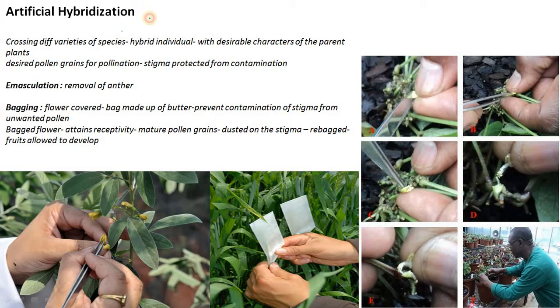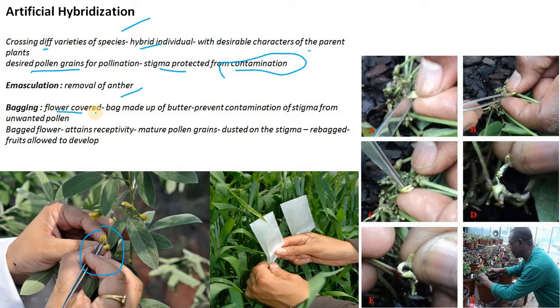What is artificial hybridization? It is the crossing of different varieties of a species to get a hybrid individual with desirable characters of the parent plants. The desired pollen grains are used for pollination, and the stigma must be protected from contamination. It is very important. What is emasculation? It is the removal of the anthers with the help of forceps. And what is bagging? These are artificial processes only.